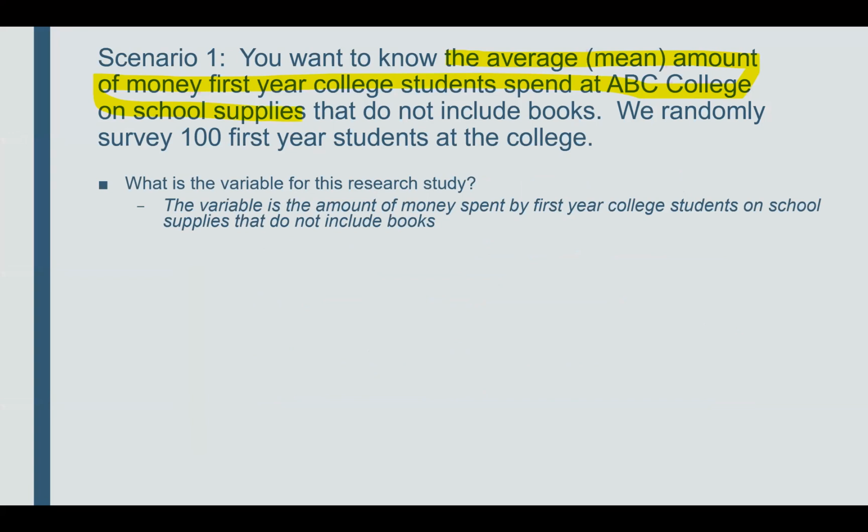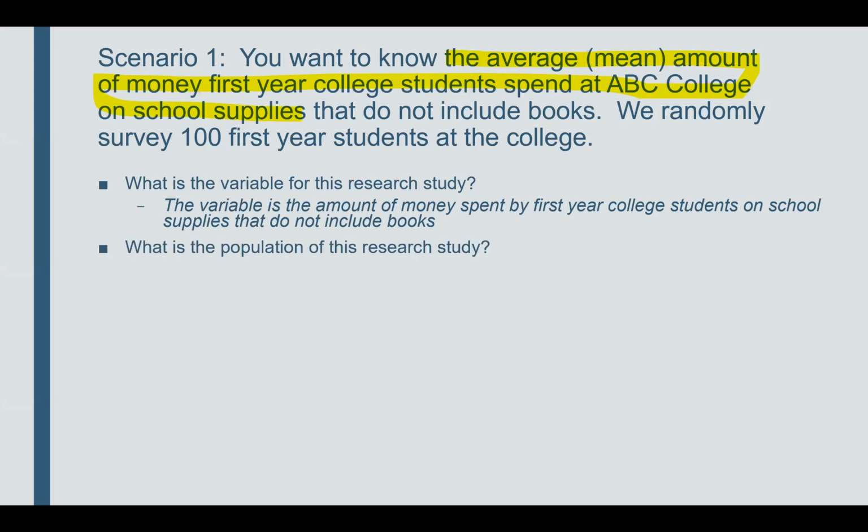So when you describe the variable, think about the 5 W's: who, where, what, when. And probably in the back of your mind, you even have why. Think about what information you are collecting, from whom you are collecting it, even where. So who, what, where, when, why. Think about those things.